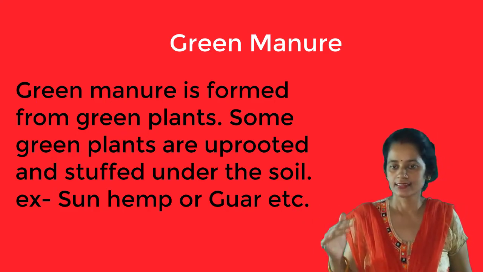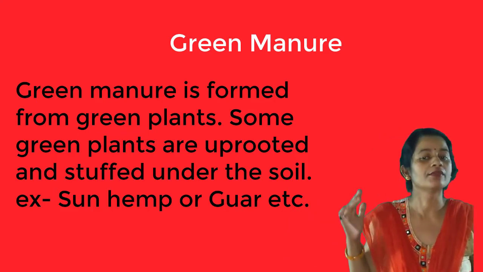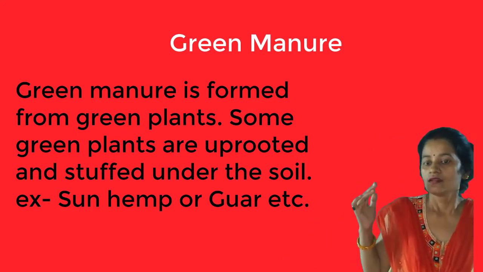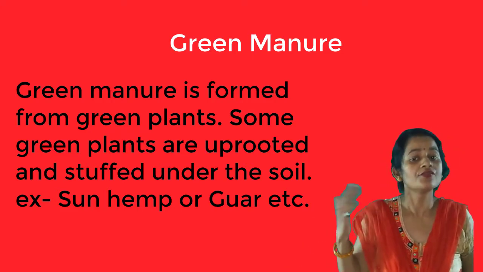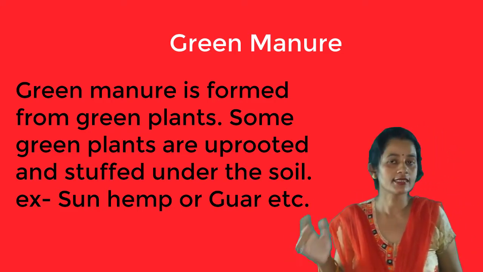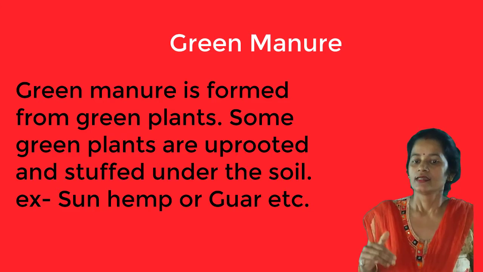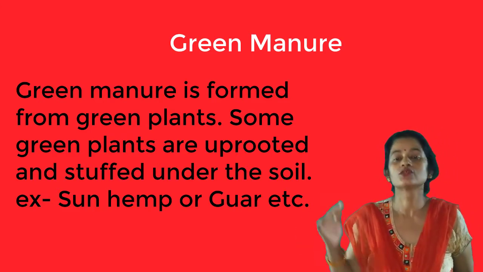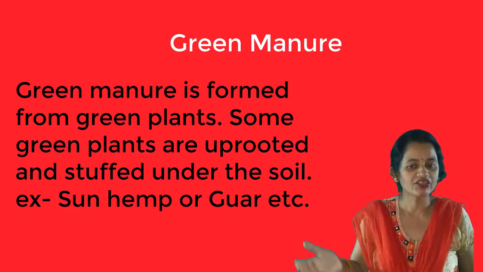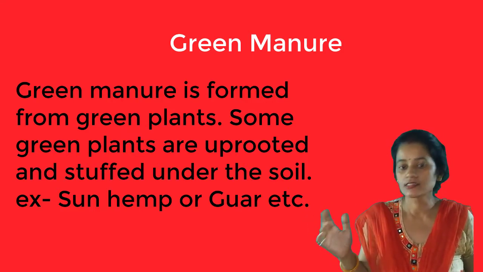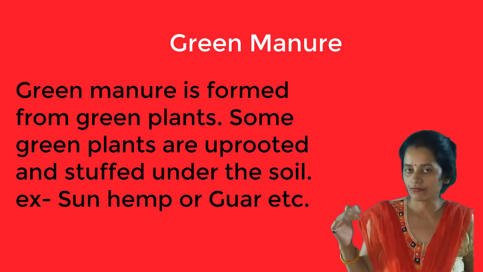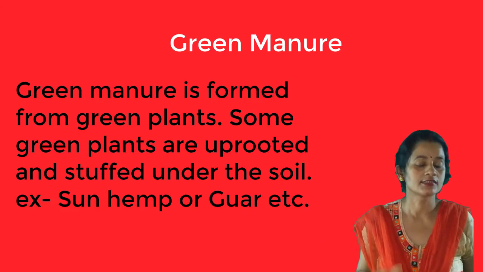The green plants thus changed into green manure, which helps in enriching the soil in nitrogen and phosphorus. This makes the field suitable for the cultivation of wheat, rice or maize, which usually require a lot of nutrients.